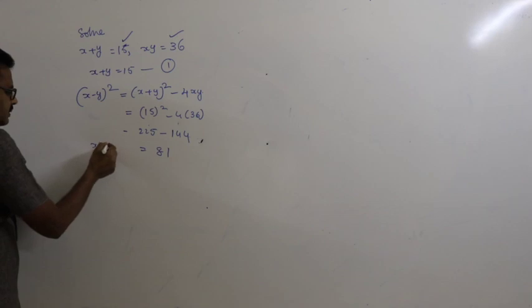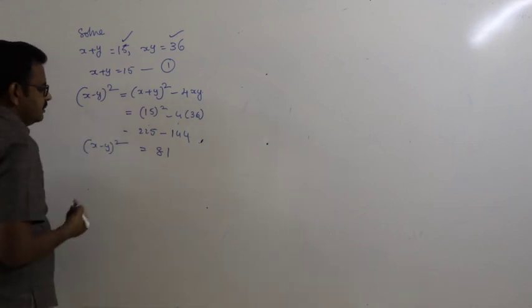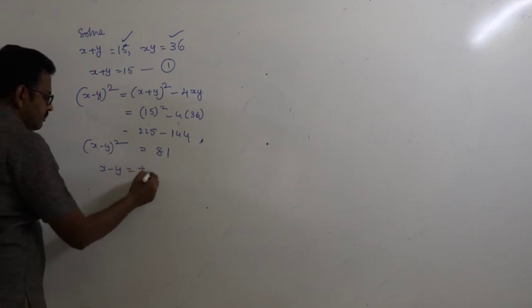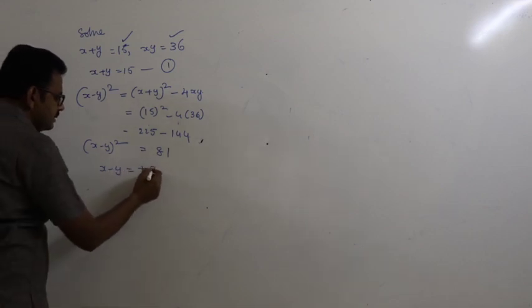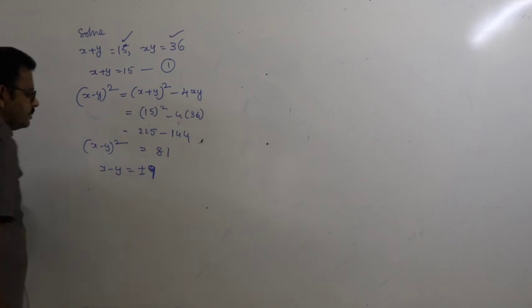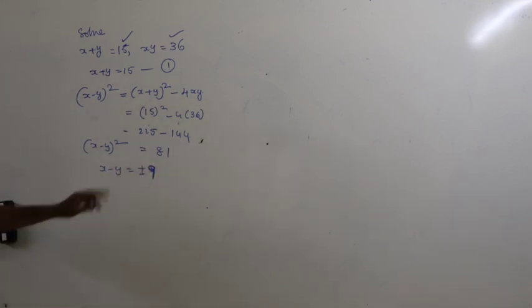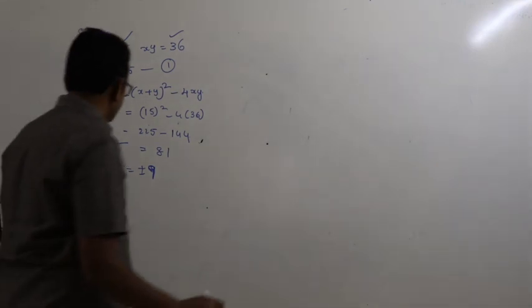So x minus y whole square is equal to 81, implies x minus y is equal to plus or minus root 81, that is 9. So x minus y equal to 9.